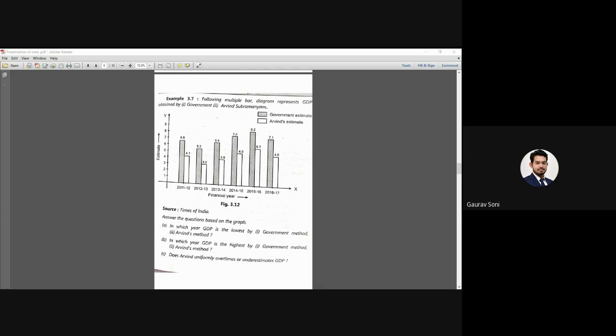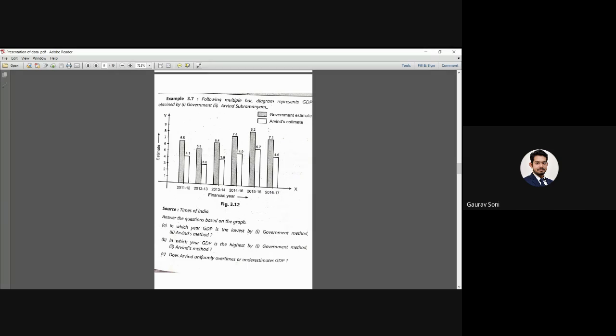So on your screen, I hope the screen is visible properly, and there are some questions with the graph. What is represented is the following multiple bar diagram representing GDP, presented by the government, and also given by Arvind Subramaniam.